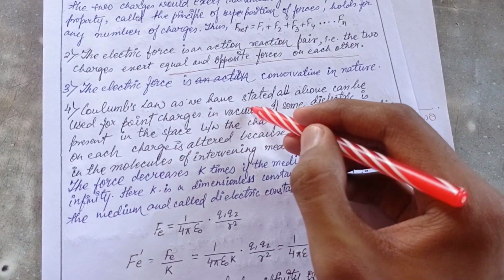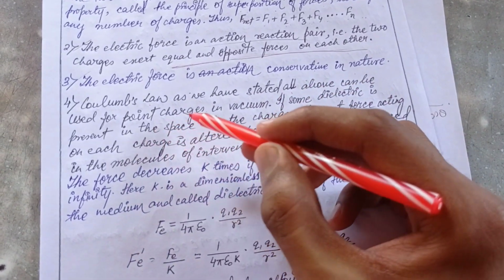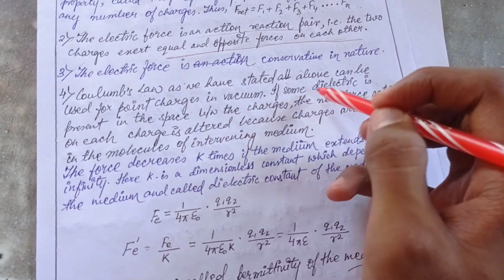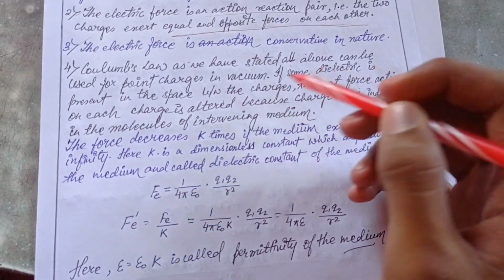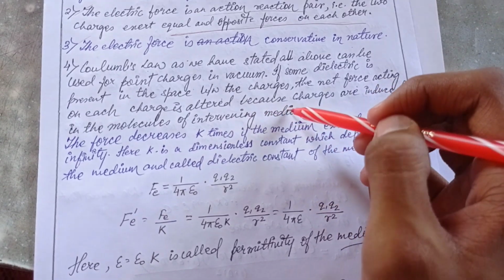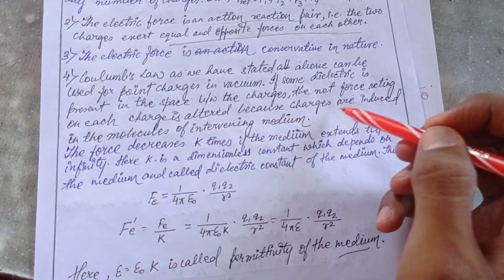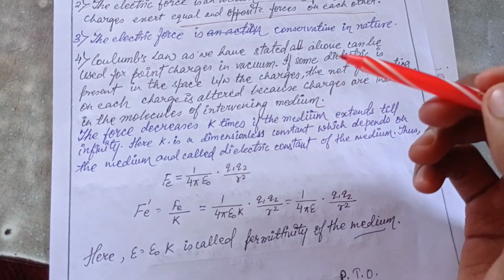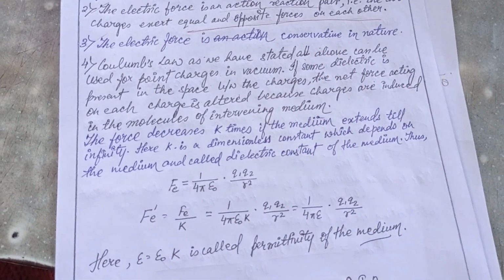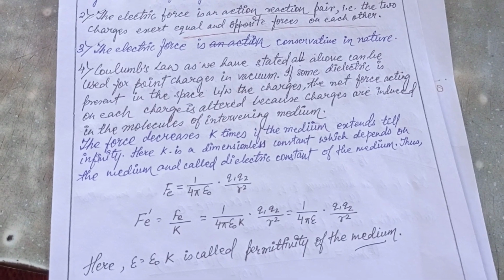Coulomb's law, as we stated above, can be used for point charges in vacuum. If some dielectric is present in the space between the charges, the net force acting on each charge is altered because charges are induced in the molecules of the intervening medium. The force decreases k times if the medium extends till infinity.